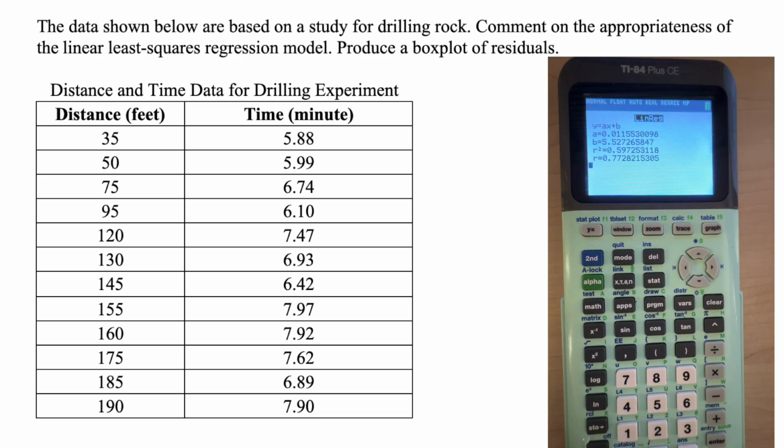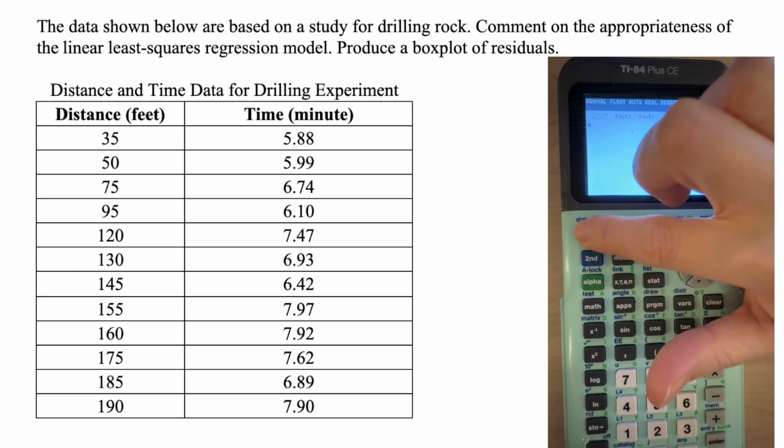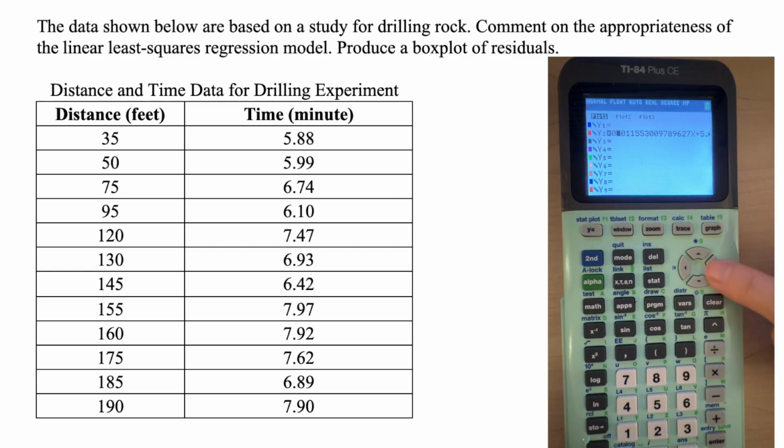So if I want to write down the equation, it has to be y equals 0.01155x plus 5.5273. And remember, I stored the equation in Y2. So if you press this button right here, you see this is my regression equation.